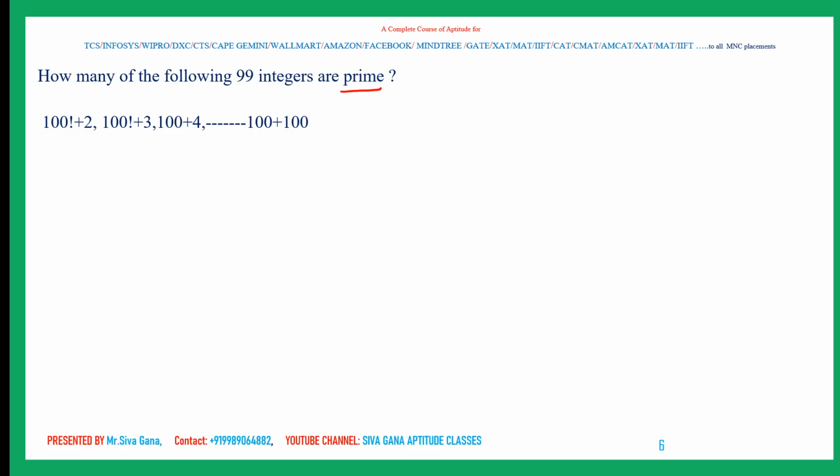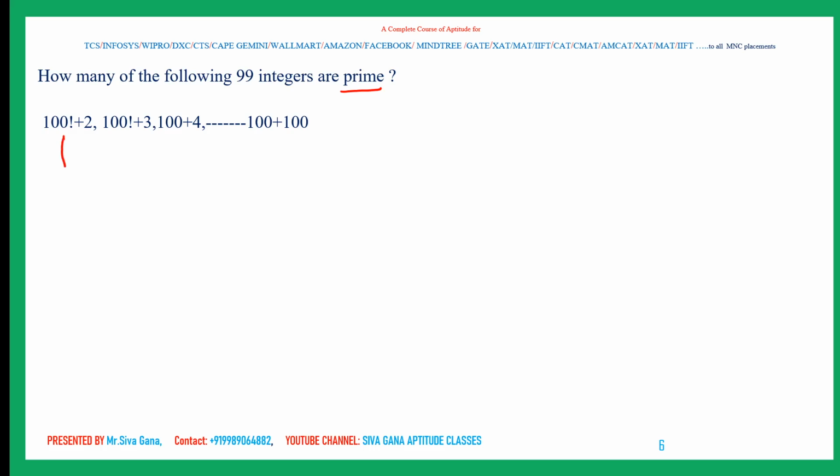Exactly 2 factors is a prime number, and what are those factors? 1 and the number itself. And remember, the only even prime number is 2. Other than 2, any even number is not prime.